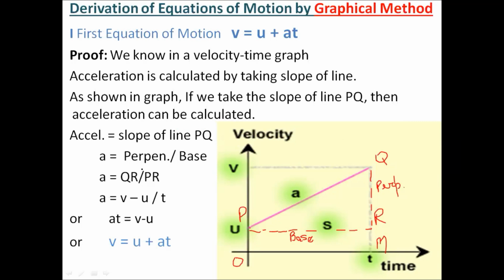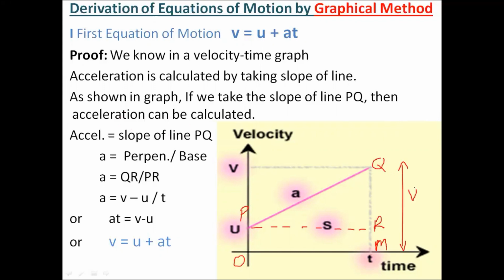Thus, we can write acceleration equals QR, that is perpendicular, over PR, that is base. Here in this graph, QM is equal to V, RM is equal to U. So QR will be V minus U.